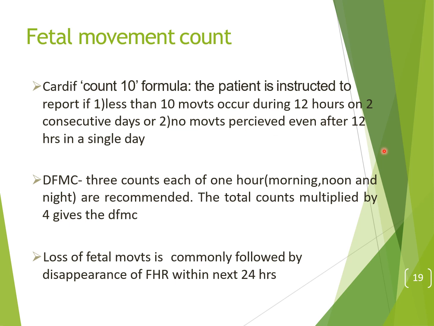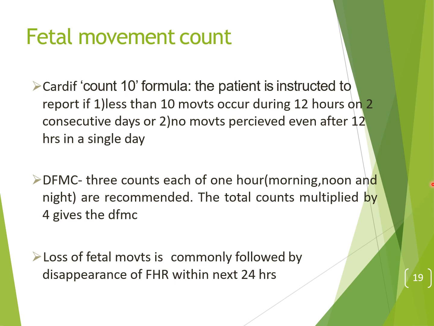First, let us see about the fetal movement count. For this, we are using the Cardiff 10 count formula. In this case, we will instruct the patient to count the fetal movements for 12 hours.